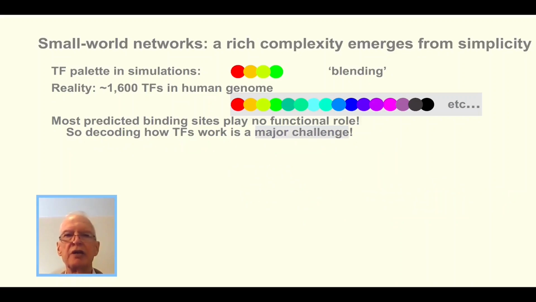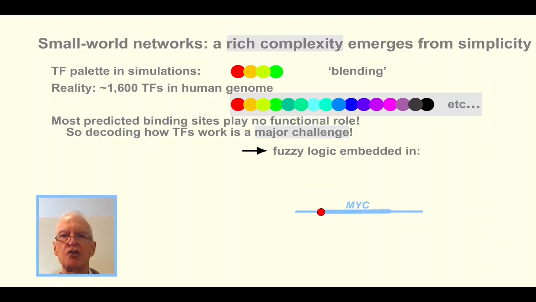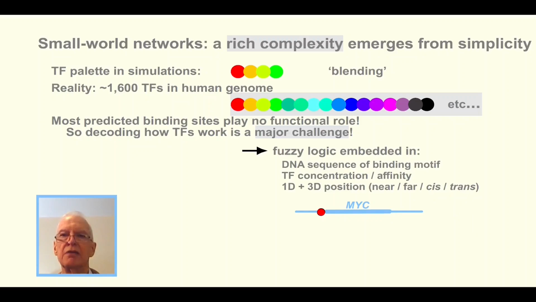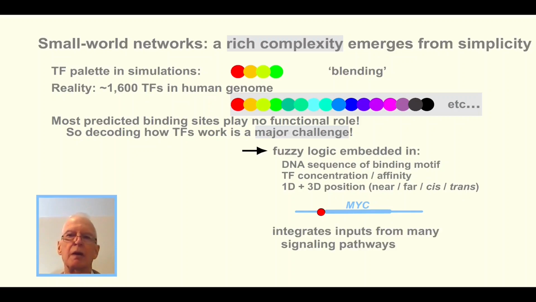So clearly, decoding how factors work is a major challenge. Fuzzy logic that is embedded in the DNA sequence of the binding motif, the factor concentration and affinity, and 1D and 3D position, both near and far away, on the same or different chromosomes. And this fuzzy logic is going to integrate all these different inputs.